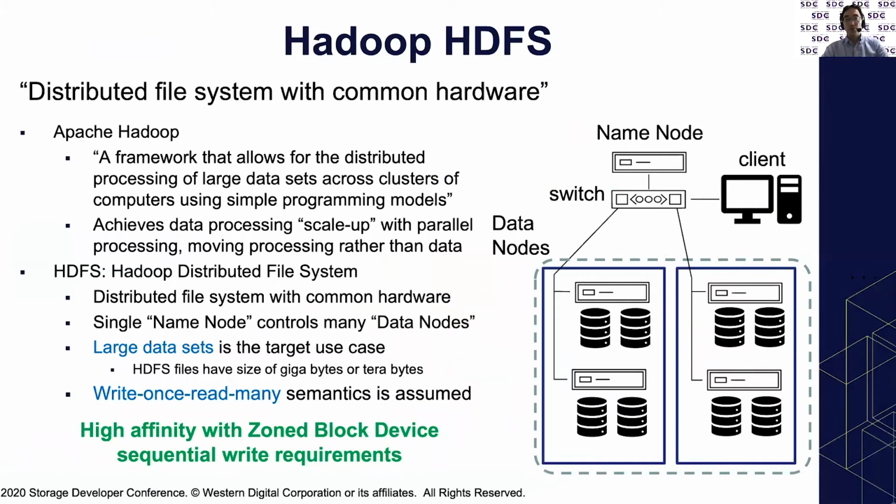As you know, Hadoop is the famous framework for distributed mass data processing. It allows processing target data size to scale up. HDFS, or Hadoop Distributed File System, is a file system designed for Hadoop.